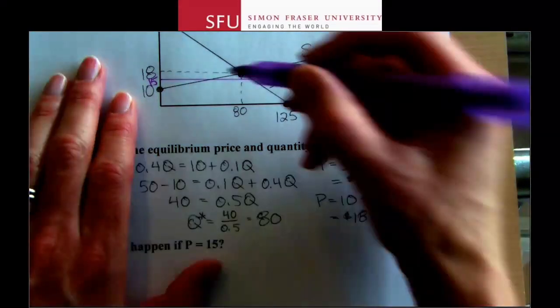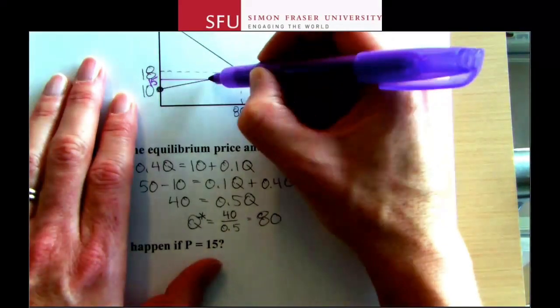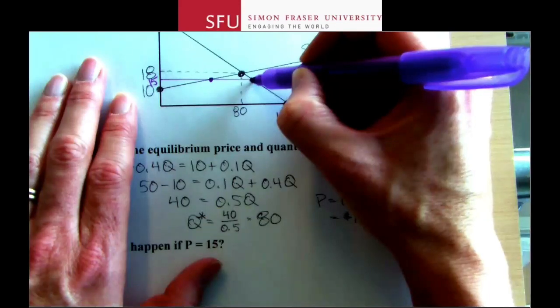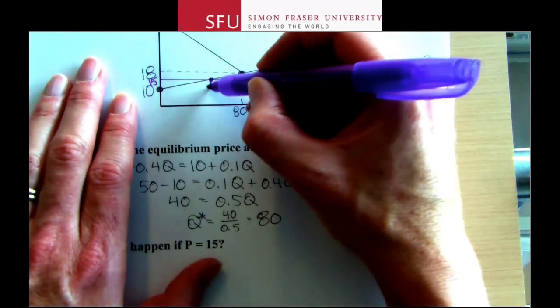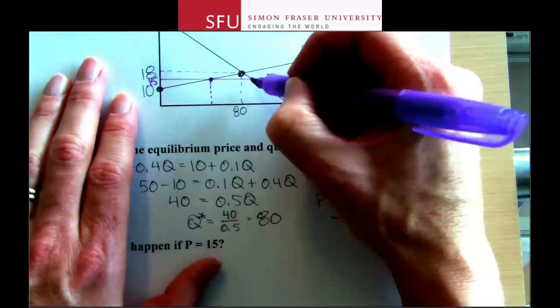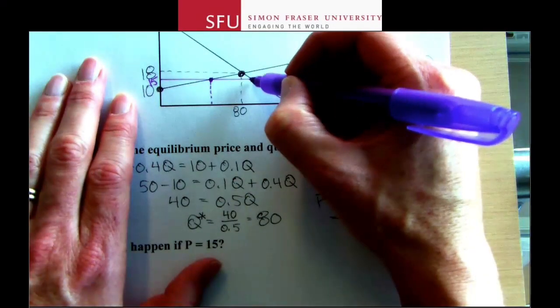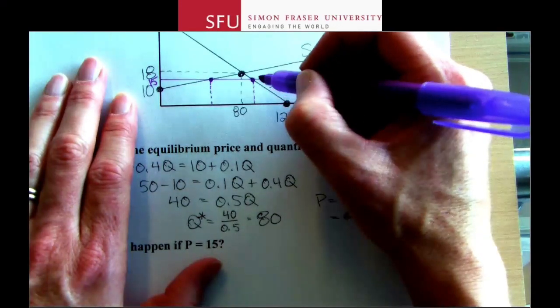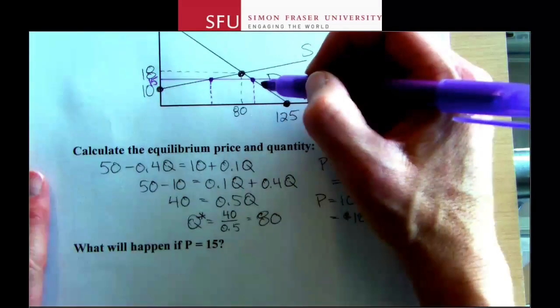And at 15, now we're going to not have an equilibrium. Obviously, we're going to have a quantity supplied and a quantity demanded. I won't write anything yet, because we'll calculate what that is. So let's calculate those two quantities.